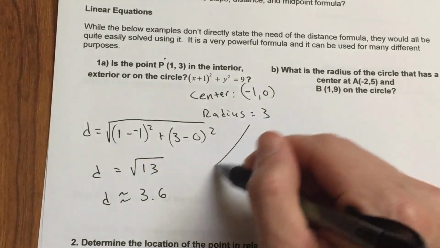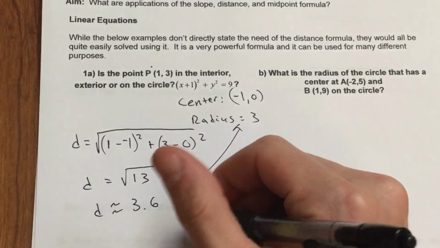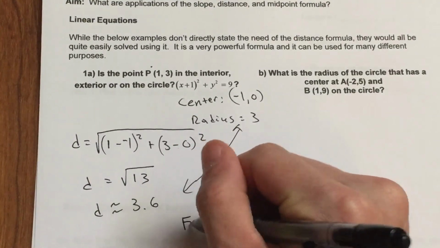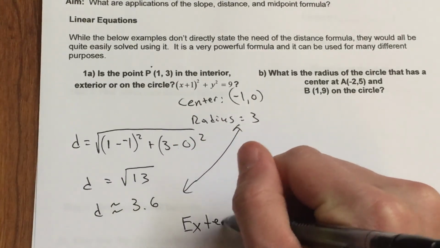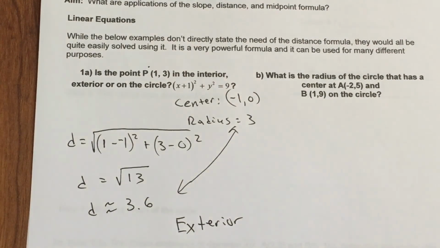Well, think about how that relates to the radius. 3.6 is bigger than the radius. Therefore, if P has a distance that is greater than the radius, P is outside the circle. And we label that as the exterior of the circle. P is on the exterior of the circle, or outside the circle.